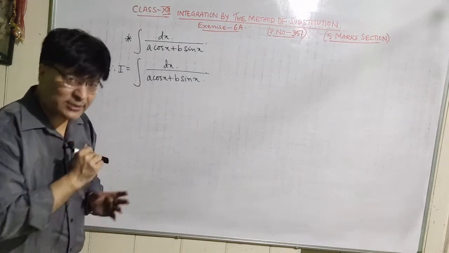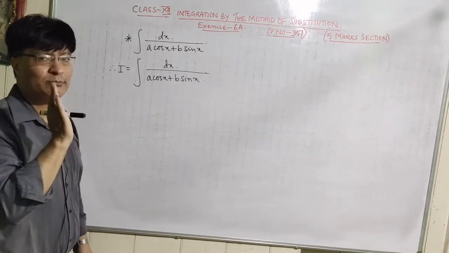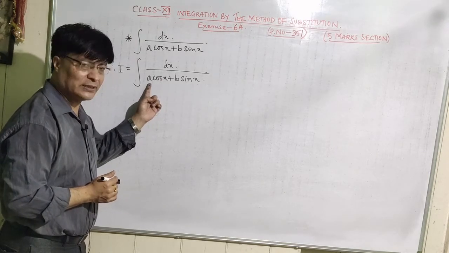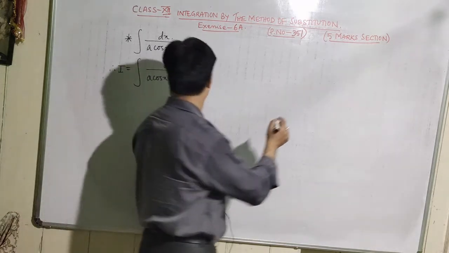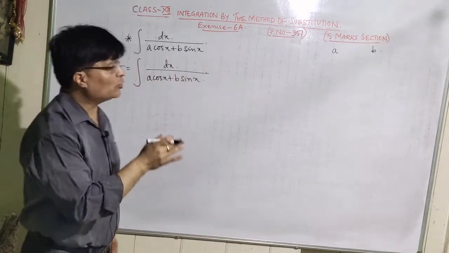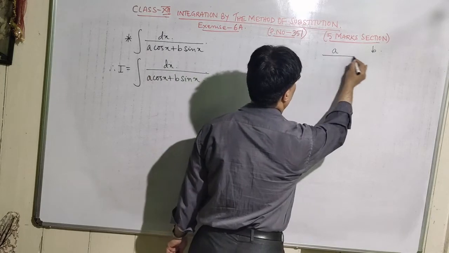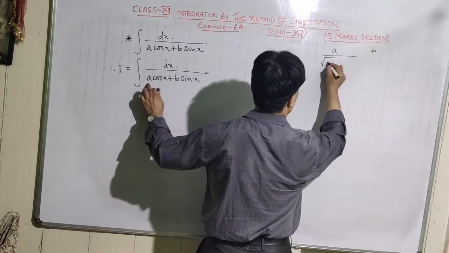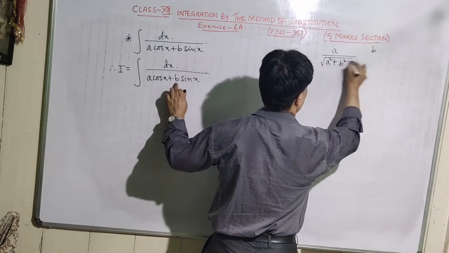So if you get such type of question, then you have to multiply and divide it by some expression. Okay, so what is the coefficient of cos x out here? It is a. And what is the coefficient of sin x here? It is b. Okay, coefficient of cos x is a and coefficient of sin x is b. So you have to divide both the coefficients by root over coefficient of cos x whole square, that is a square, plus coefficient of sin x whole square, that is b square.